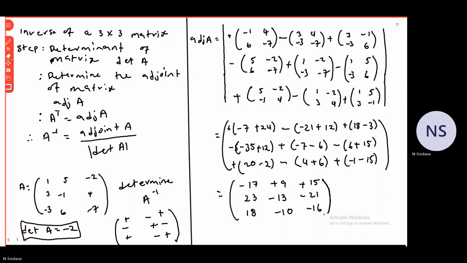That is our adjoint of A. This is how you determine your adjoint. Let me make some space and write it there on top.